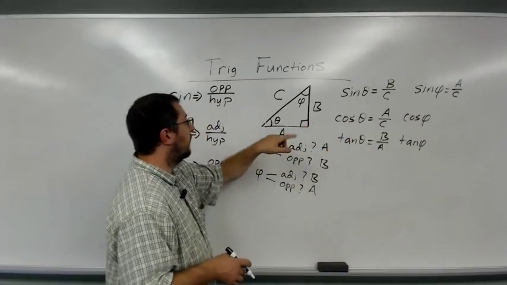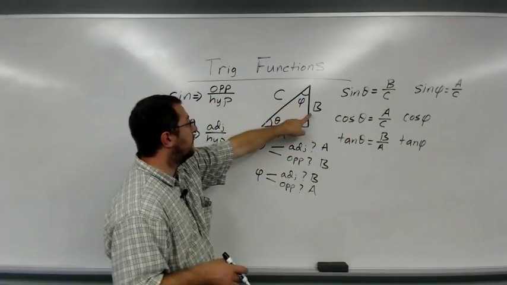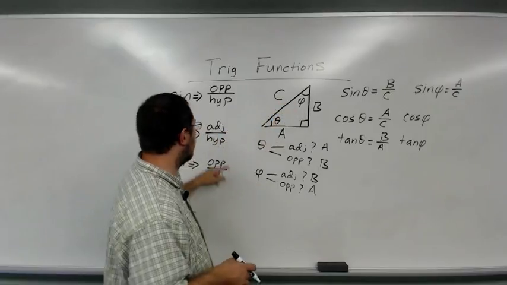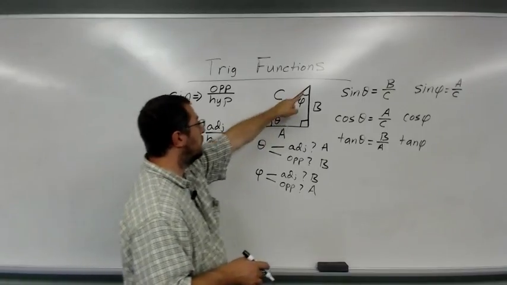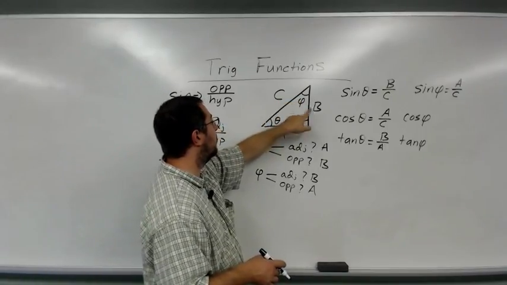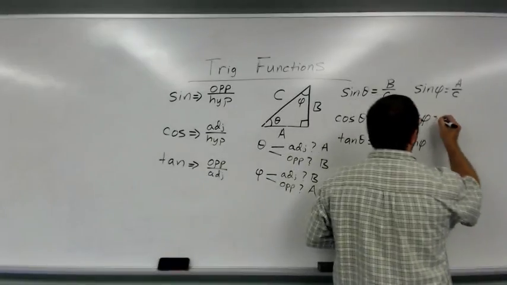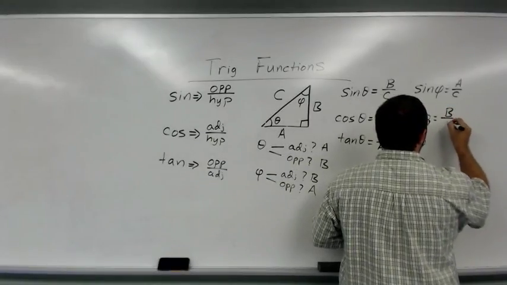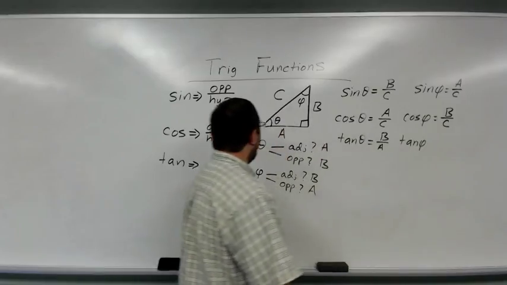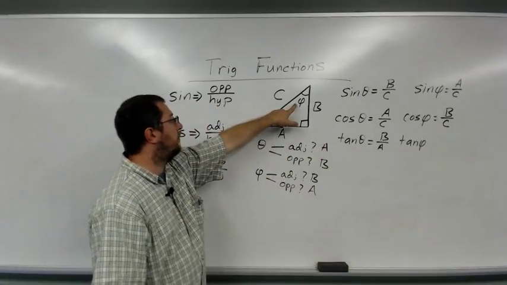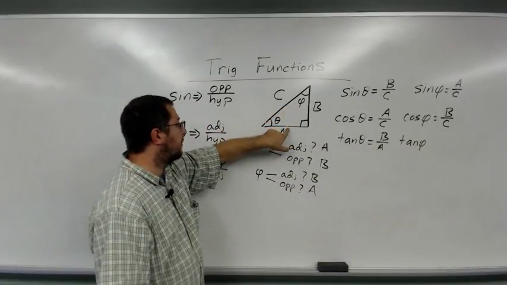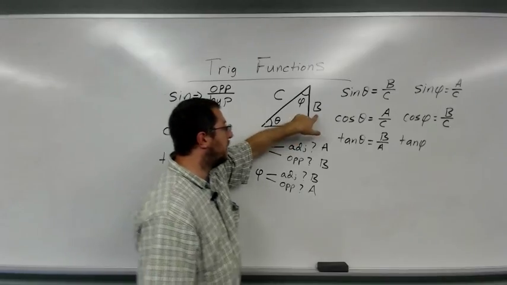So the cosine of phi is going to be B over C, because cosine is adjacent over hypotenuse. The adjacent side of phi is B over C. And then the tangent of phi is going to be my opposite, A over B.